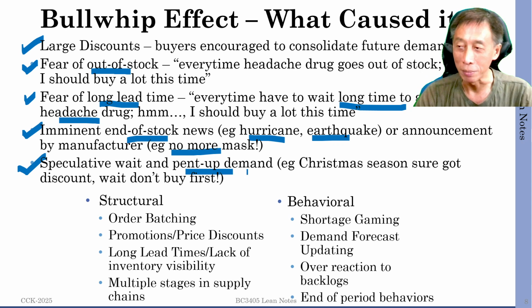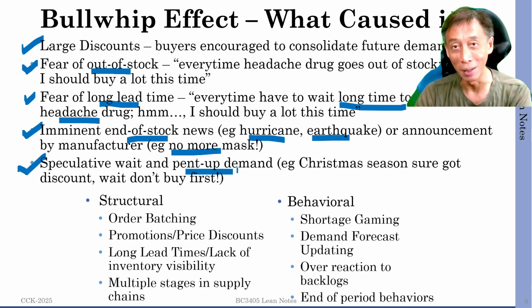So pent up demand will lead to a sudden surge in the demand quantity. For example, air tickets. There was a sudden surge in air tickets being sold, and this sudden surge, while it's good, is non-repeatable. That's why it's bullwhip, and we don't expect the pent-up demand to repeat.